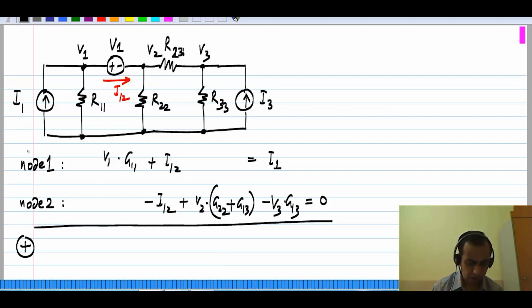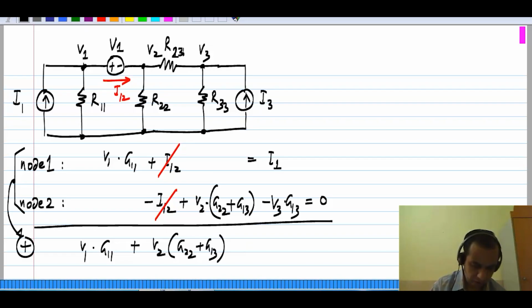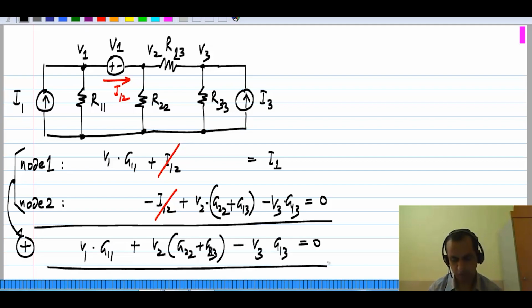Now if I sum these two equations, what will I get? This I12 goes away and we will have V1 times G11 plus V2 times G22 plus G23 minus V3 times G13 to be equal to 0.